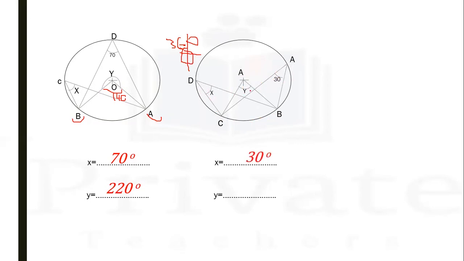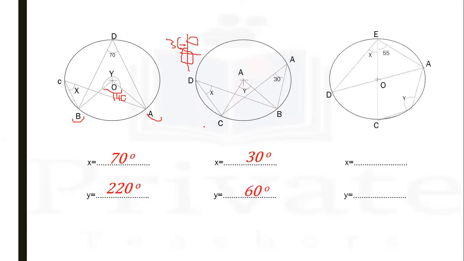And look at Y, it is a central angle also made with them on the same arc. So the central angle made on the arc BC with a circumferential angle will be the double of it. So the angle Y will be 60 degrees.